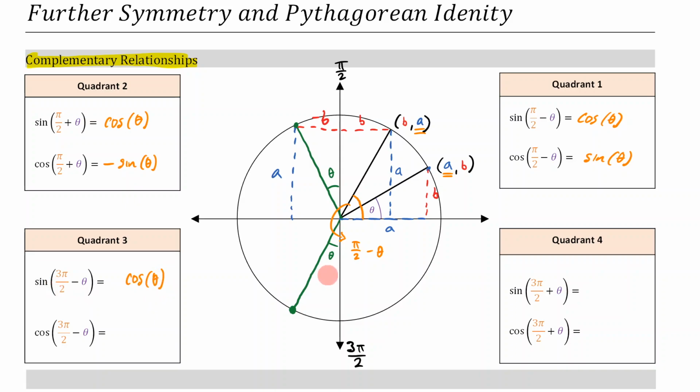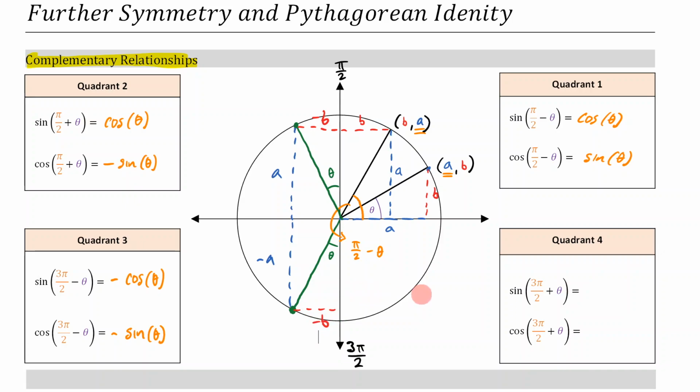And sine is negative here, isn't it? So it's going to be negative cos of theta. So too over here will be negative sine of theta. If you wanted to, you could draw in all your markings here. It might get a bit time consuming, so you might not want to, but you can see here that this is negative a, and this is negative b.